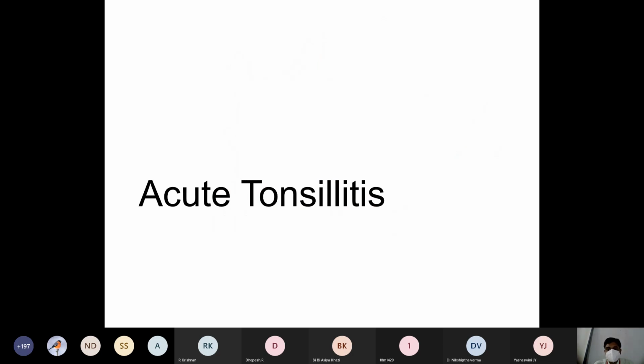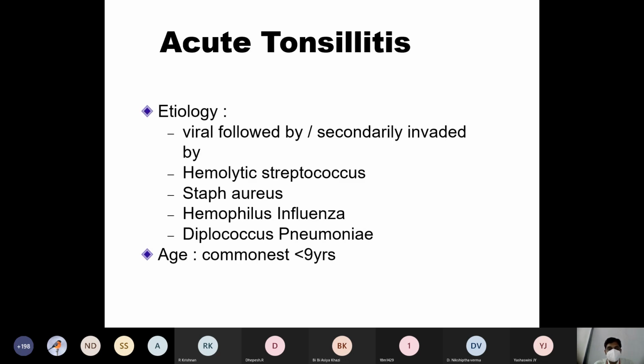The first pathology we will be discussing today is acute tonsillitis. Acute tonsillitis is a commonly viral infection. Several viruses have been implicated, such as adenovirus or rhinovirus, and now of course even coronaviruses. So sometimes there can be secondary infection with bacteria. Primary infection with bacteria can also occur in about 20 to 30% of cases.